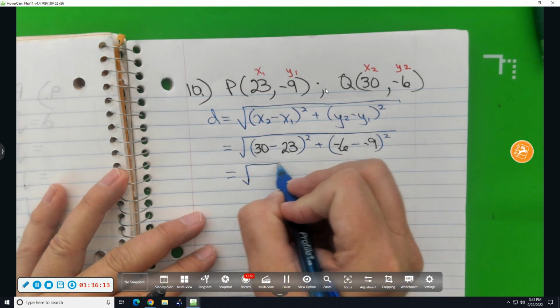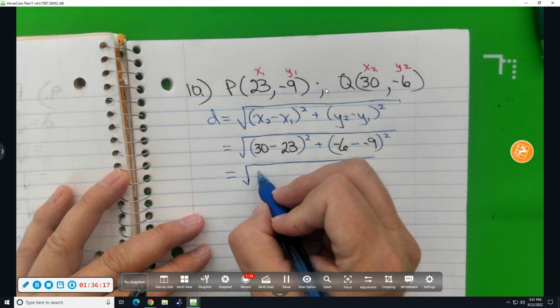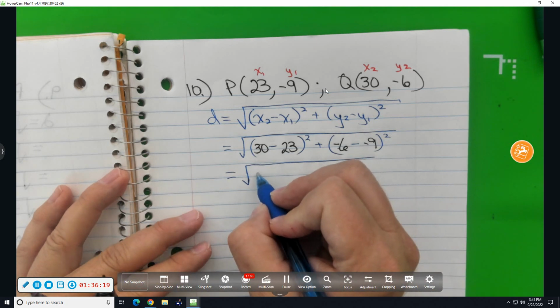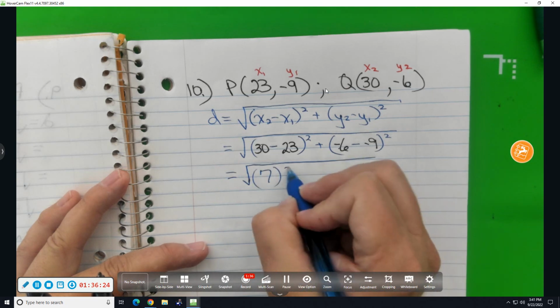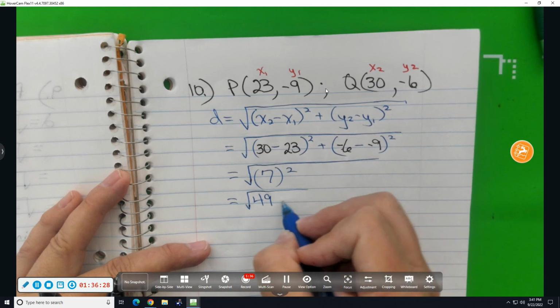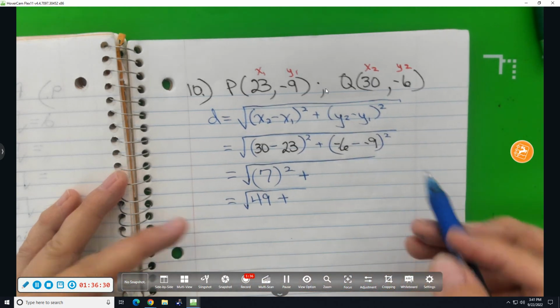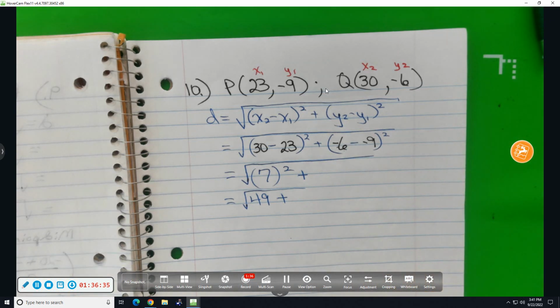Isn't that what we got a moment ago? 30 minus 23 is 7. 7 squared is? I better write it out since y'all are so quiet. So that's 49 plus, what's -6 minus -9?